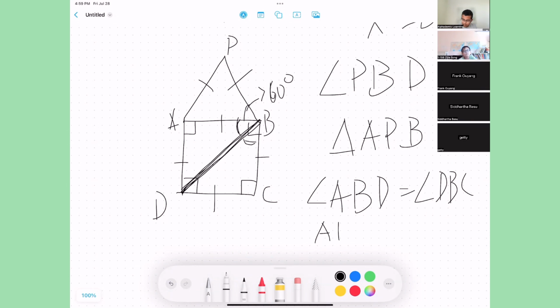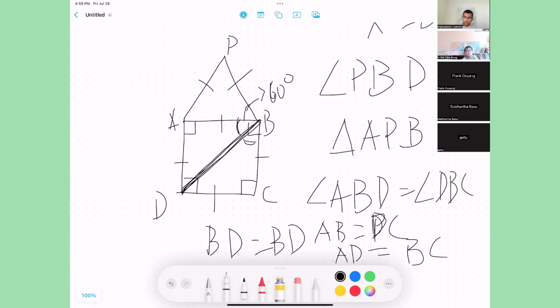AB equals DC, sorry, and then AD equals BC, and then BD is equal to BD. So SSS says that the triangles ABD and BDC are congruent. So these two angles are equal to each other. And since this was given to be 90 degrees, angle ABD is just 45 degrees. So add that to the 60 and you get 105.